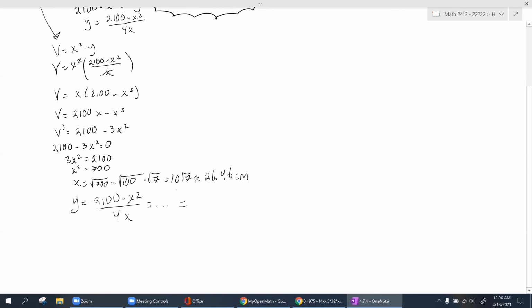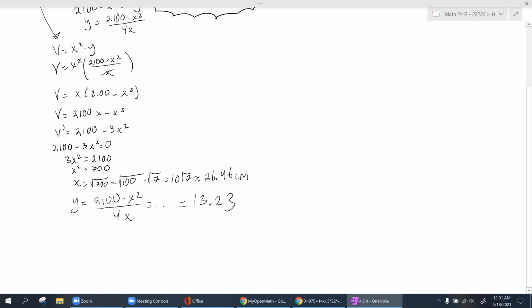You get 2100 minus x squared, and I got that height to be approximately 13.23.